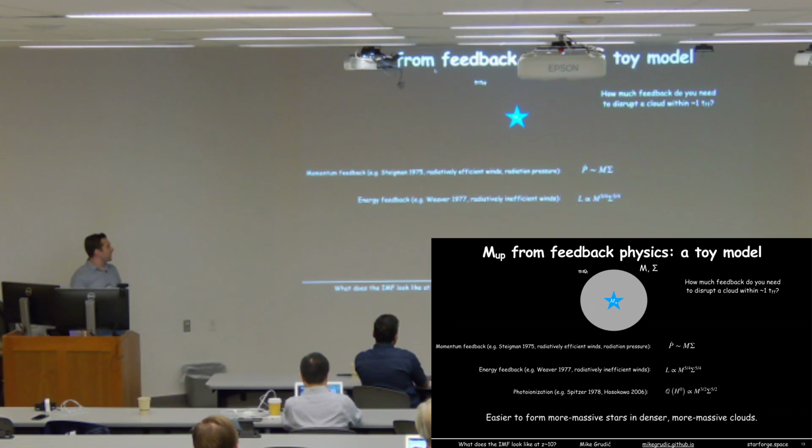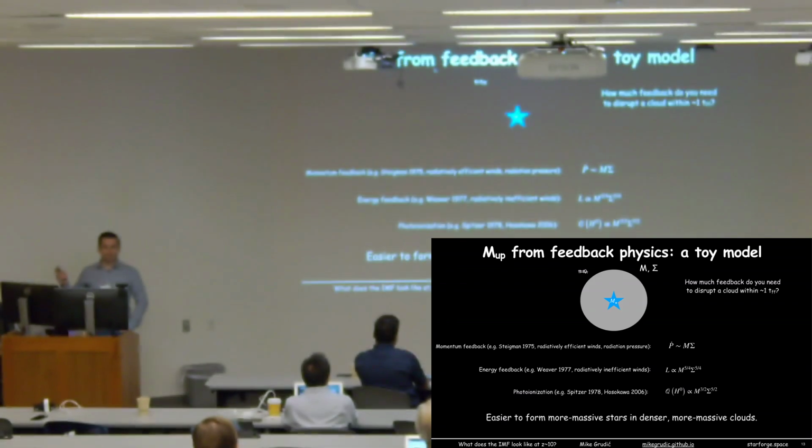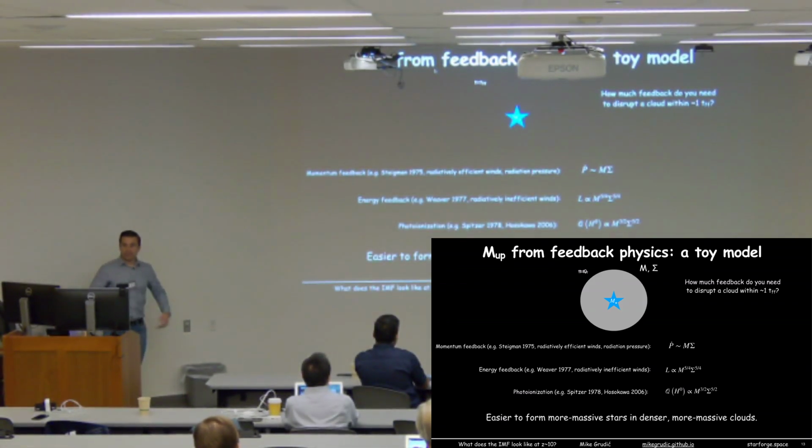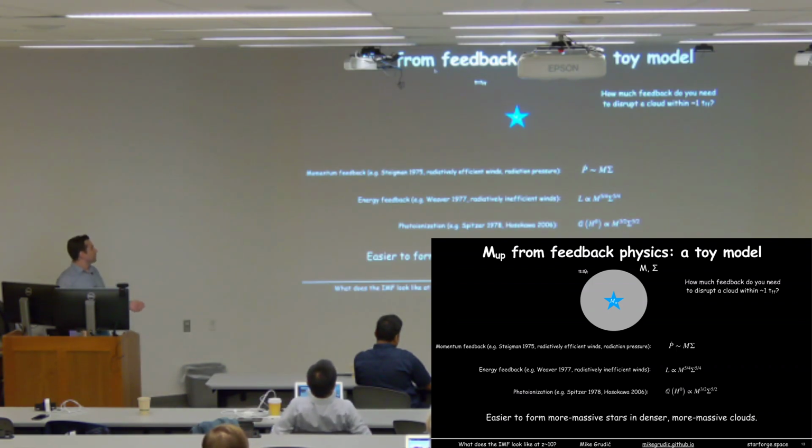For energy feedback, it's proportional, again, to this product of mass and surface density. Photoionization, qualitatively similar thing. So essentially, whatever kind of feedback you want, it's easier to make more massive stars in both denser and more massive clouds, without blowing the whole cloud apart. So, it's not crazy. But this is back of the envelope.